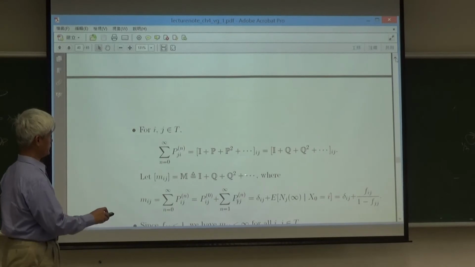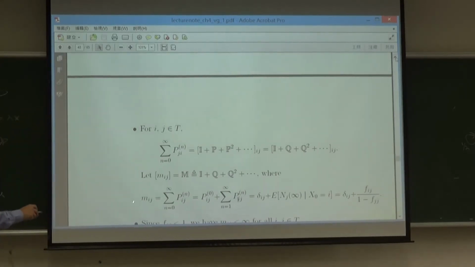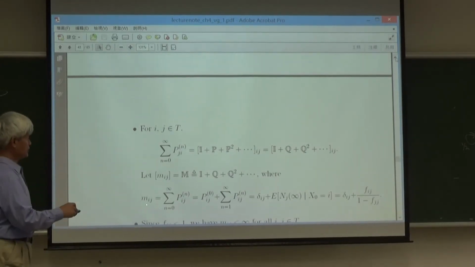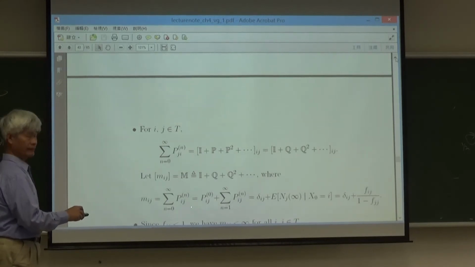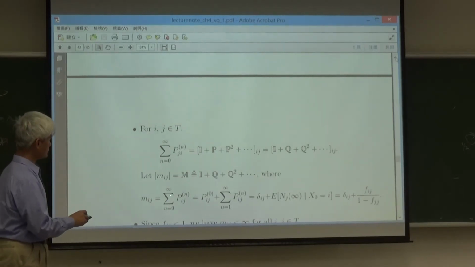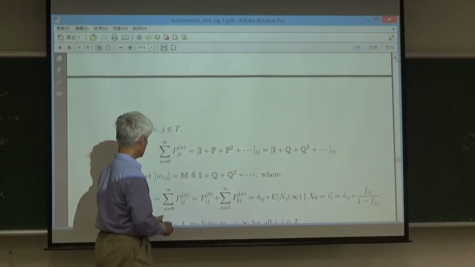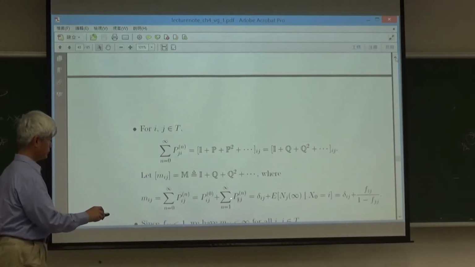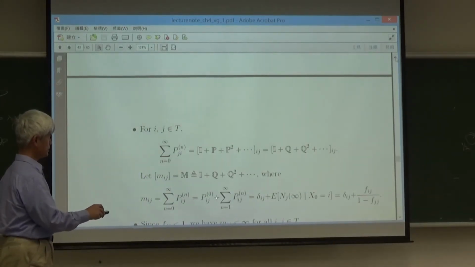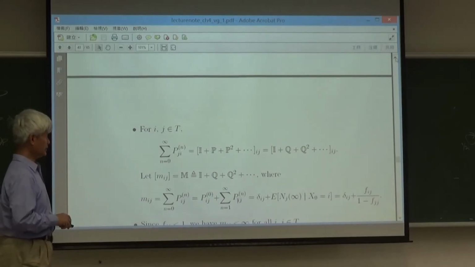But we will prove that Mij, by definition this summation, includes the n = 0 term, where Pij^(0) is just delta ij by our definition.